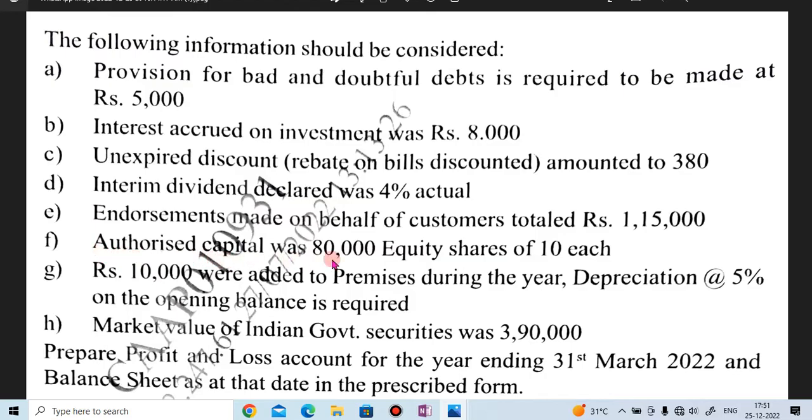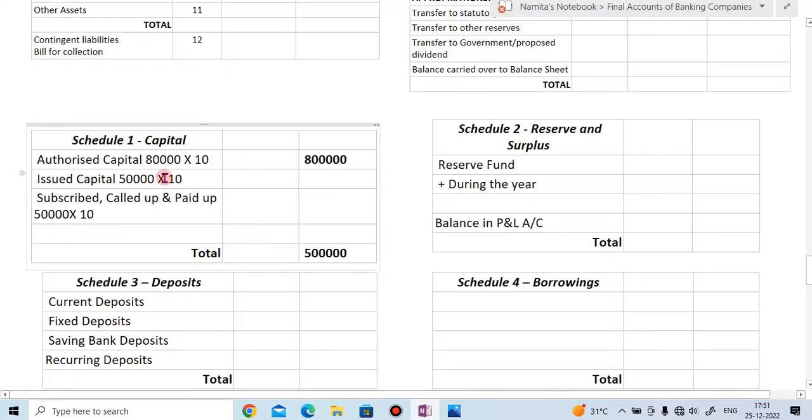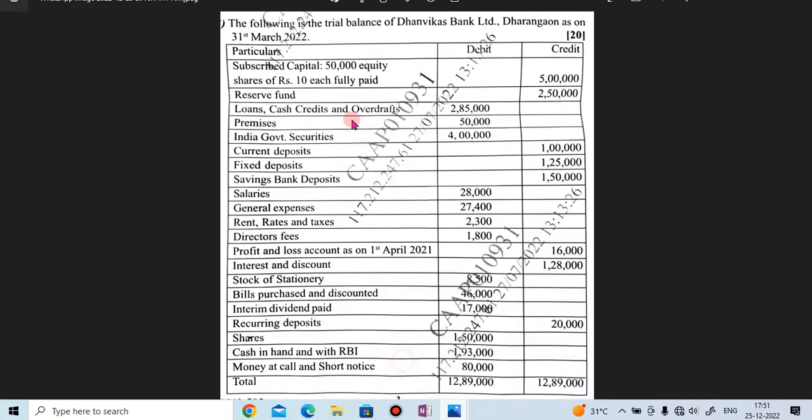Authorized capital was 80,000 equity shares of 10 each. So equity share is how much? 80,000. Okay, and multiplied by 10 will give us what? Authorized capital. 80,000 multiplied by 10, 8 lakh rupees. Okay, so 8 lakh rupees is written. Now then how much capital, or how many shares have been issued? 50,000 shares are issued.